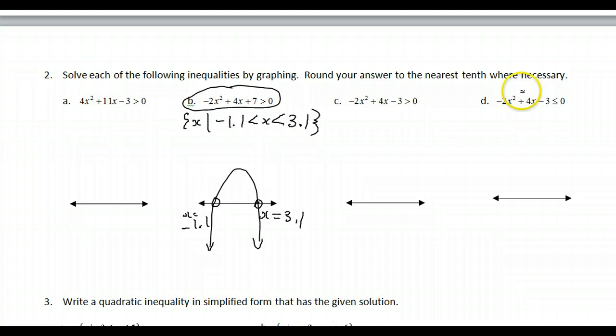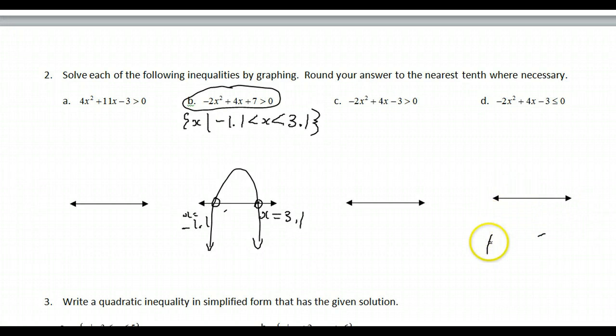Well, these two are the same function, so once you've graphed it, seeing as it opens down, you'll be doing the part that's above, just like here. And for this one, it will be basically everything else.